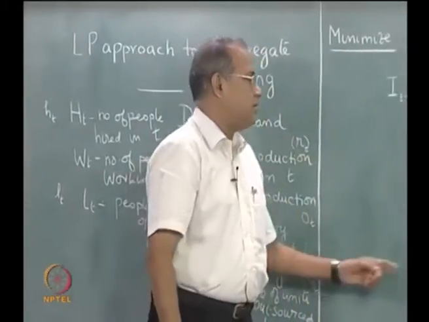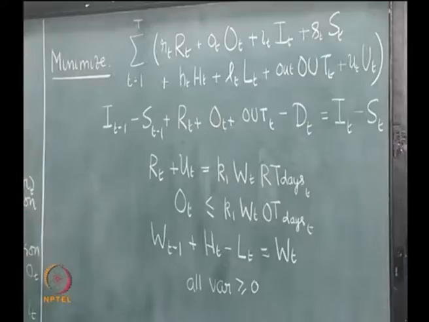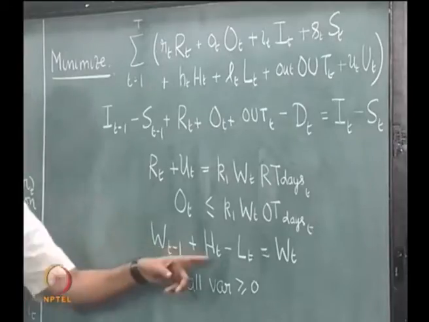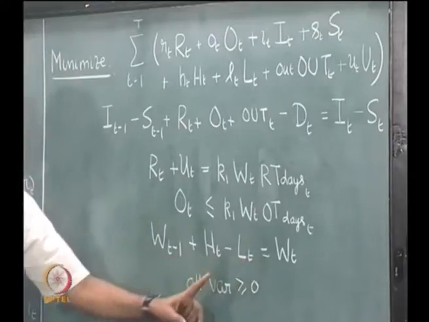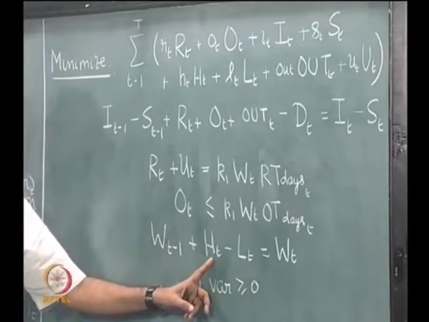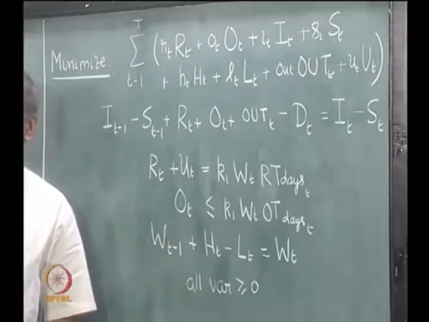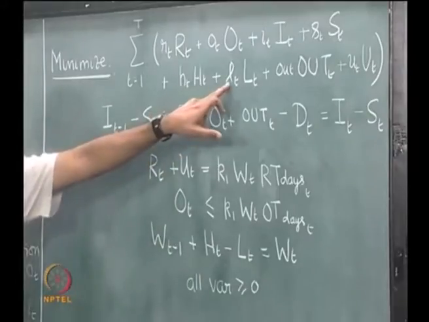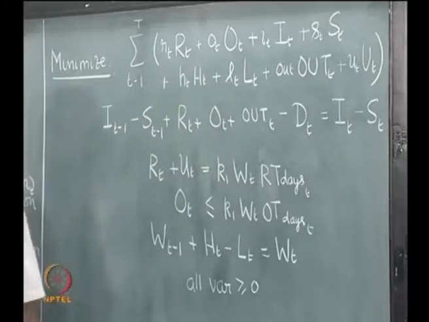That is the reason we do not have a small Wt, which is the cost of actually engaging these people in the month. We also have to understand that Ht and Lt are not the payroll costs of the additional people hired. Ht and Lt are the cost of hiring and the cost of layoff.